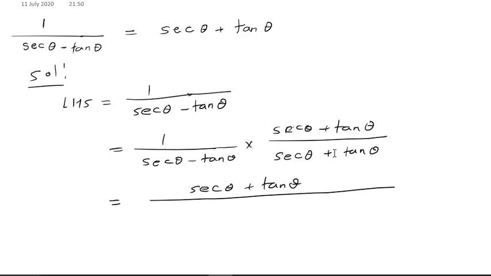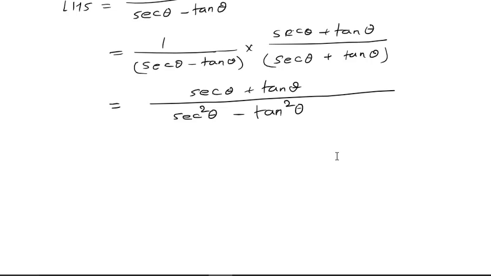Now see here, sec theta minus tan theta into sec theta plus tan theta, it is sec square theta minus tan square theta. What is sec square theta minus tan square theta? Sec square theta minus tan square theta is 1. So this is sec theta plus tan theta, which is our right hand side.